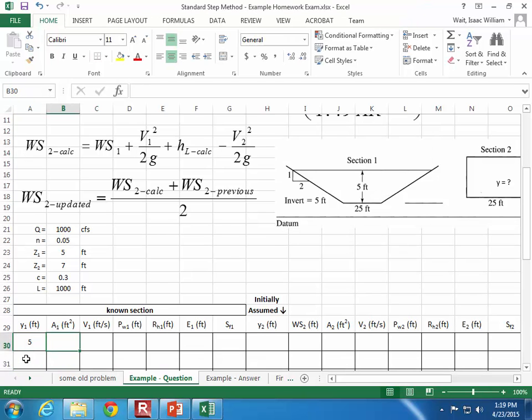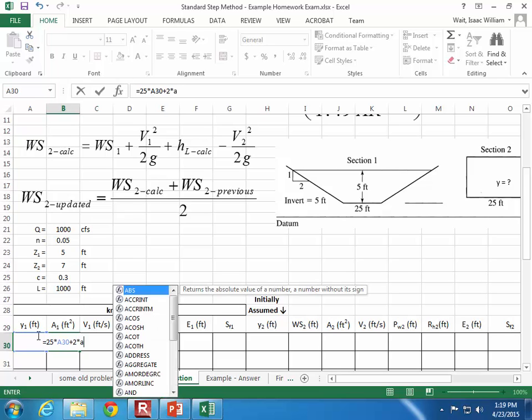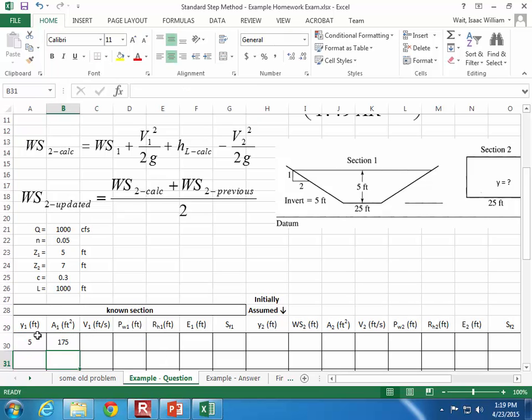Okay, the area, we calculated earlier that the area is 25 times y plus 2y squared. So I'll type in that formula. It's equal to 25 times y plus 2 times y squared, 175.